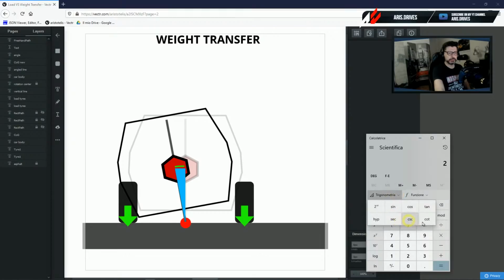So it's that strange number, and we multiply it by that side. That side is the height of the center of gravity, so it's 400. Boom. 13.9, so let's say 14 millimeters. The center of gravity has moved 14 millimeters to one side.